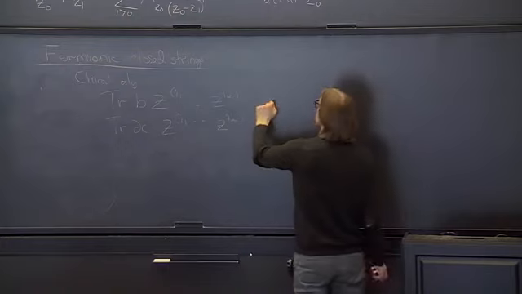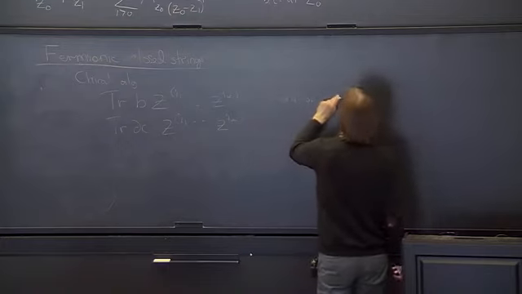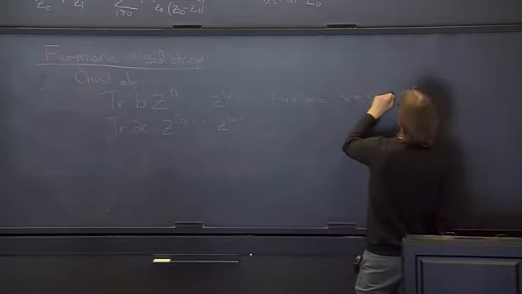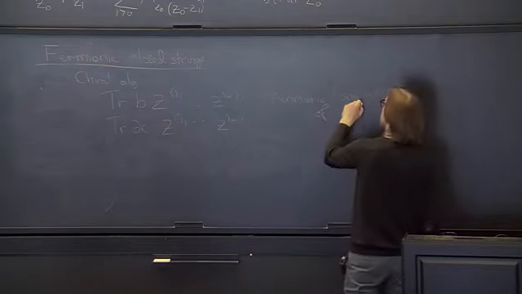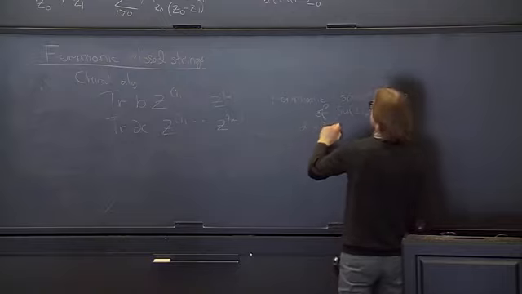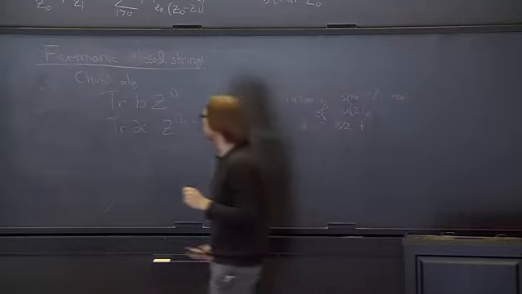And these are fermionic. They're given the spin k over 2 rep of SL2, and their dimension is k over 2 plus 1.